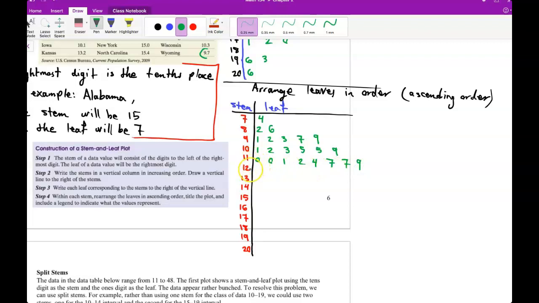Then 0, 8, 9. 0, 2, 2. 3, 5, 5. 6, 9, 9.